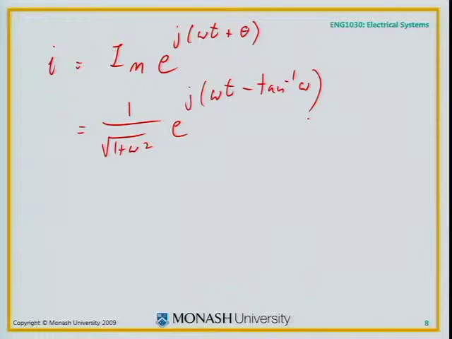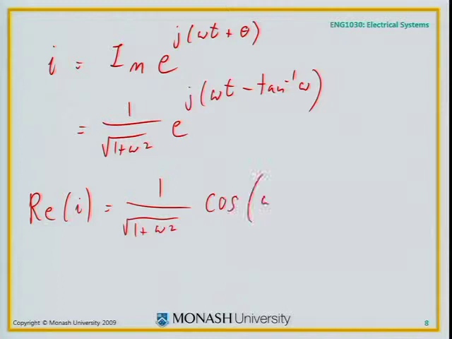The real waveform is the real part of that. This was with the complex exponential, but the actual output current is the real part of that. So take the real part of I, and I will get 1 on the square root of 1 plus omega squared, cos of omega t minus tan inverse omega, which is exactly what we got last time.